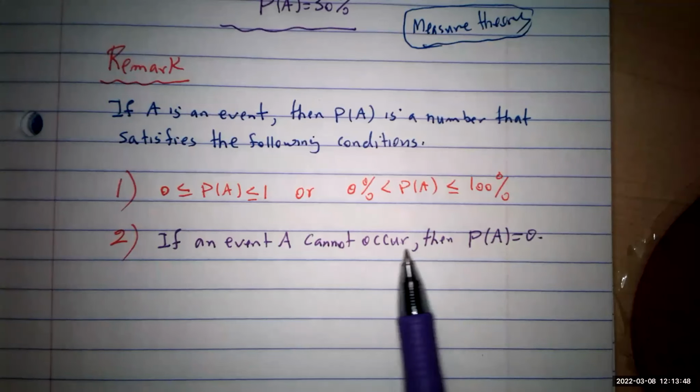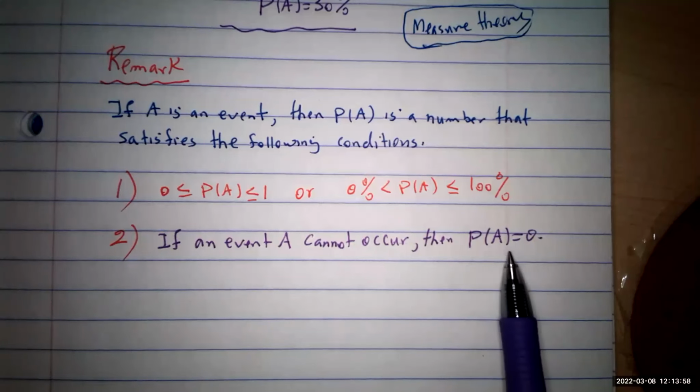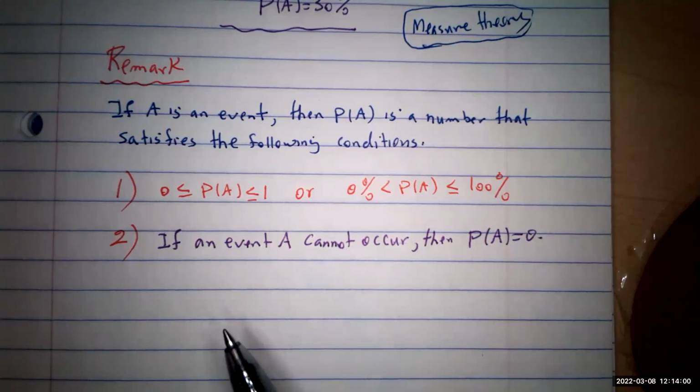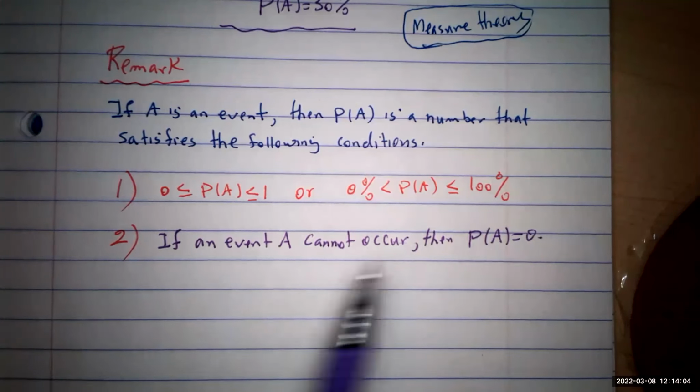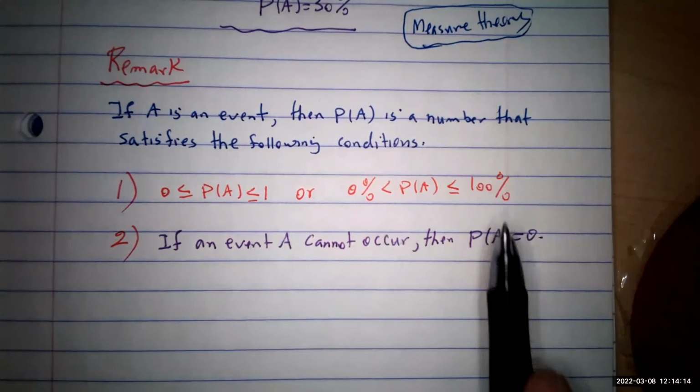Or, one of them in your book is, if you roll a die, what is the probability of getting a 7? 0. Because if you roll a die, you get a 1, 2, 3, 4, 5, 6, you never get the 7. So probability can be 0. Any question?